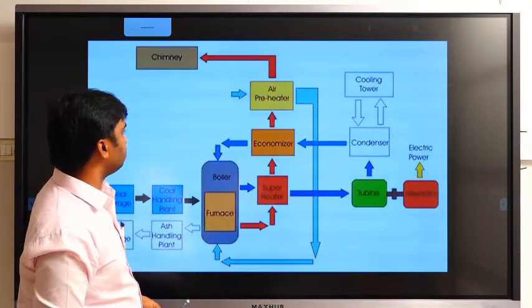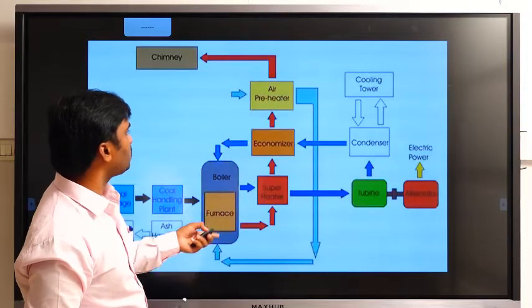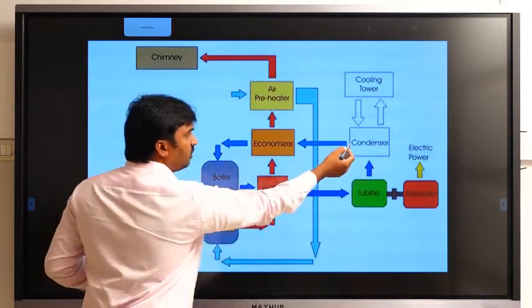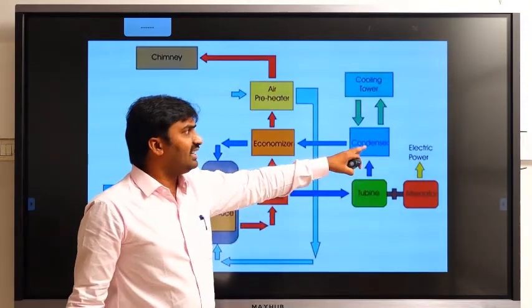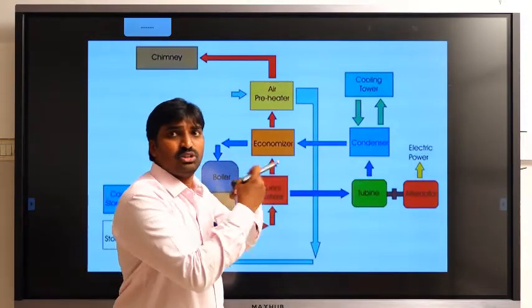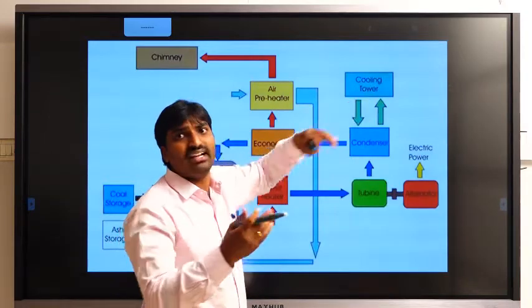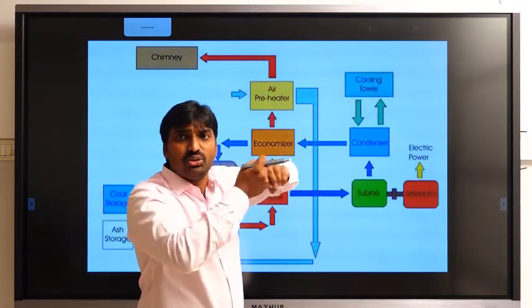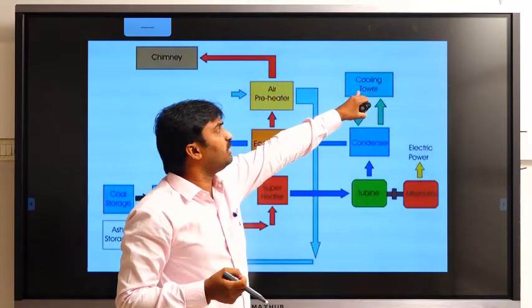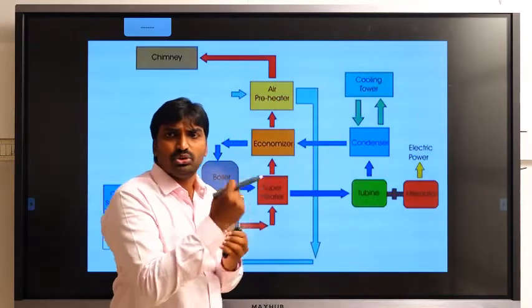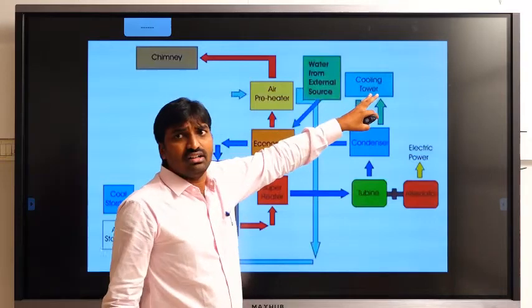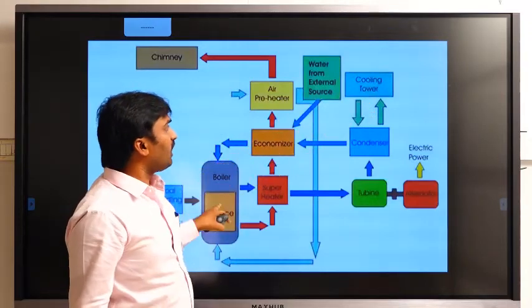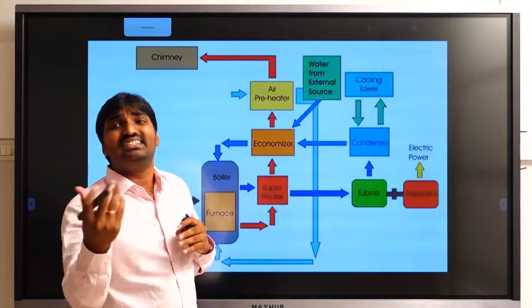And next thing is, we have the condenser. So what is the condenser? Also the same principle here. We are using the condenser. It condenses steam into liquid, and the steam is at high temperature. So that means we need to reduce the temperature also. By using a cooling tower, we can reduce the temperature of the water. That system is known as the cooling water, and that cooling water is supplied back to the boiler, but some amount of water is wasted.